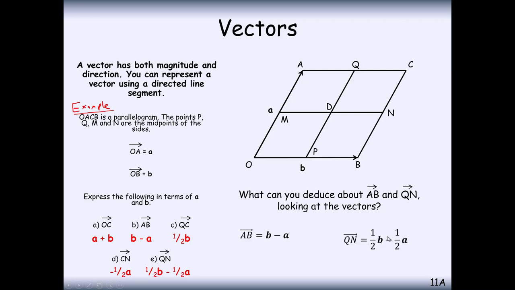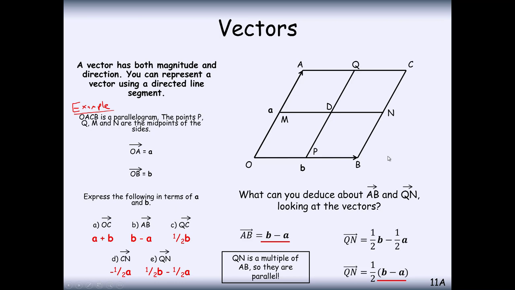We can factorize this. So QN is equal to half of b minus a. So it's the same vector. AB is equal to b minus a, and QN is equal to half of b minus a. So that means they're running in the same direction, so they're parallel, but one is half the size of the other. Okay. So they are parallel, and QN is half the size of AB.